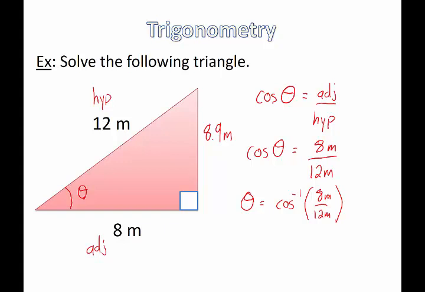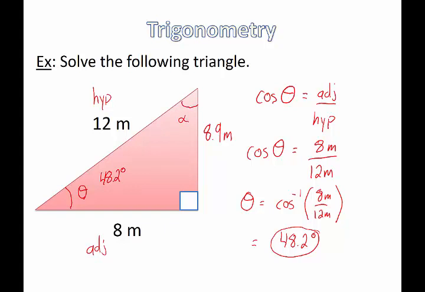When you plug that all in, what you should get is 48.2 degrees. And we can write that angle on our triangle. This is 48.2 degrees.